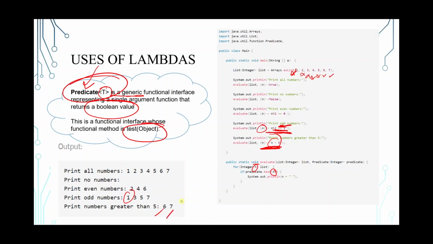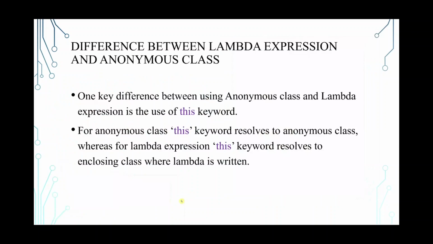Print 6 and 7. Okay, difference between lambda expressions and anonymous classes. One key difference between using anonymous classes and lambda expressions is the this keyword. When using the this keyword for anonymous classes, this means I'm referring to this anonymous class.